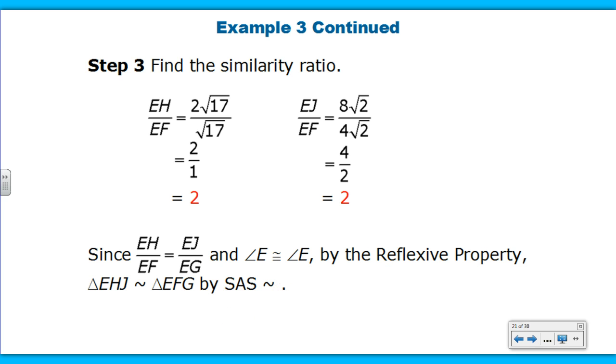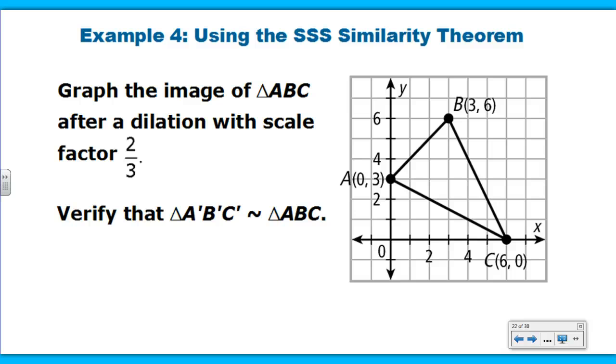Very good. In this next example 4, we're using the SSS similarity theorem. We're going to graph the image of ABC after a dilation with a scale factor of 2/3, and then verify that A'B'C' is similar to the original ABC.